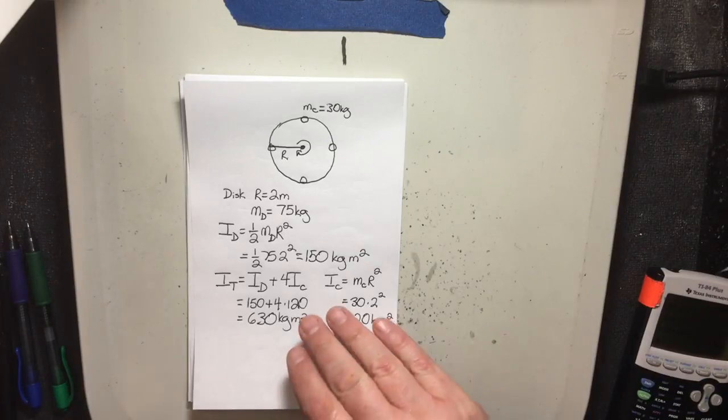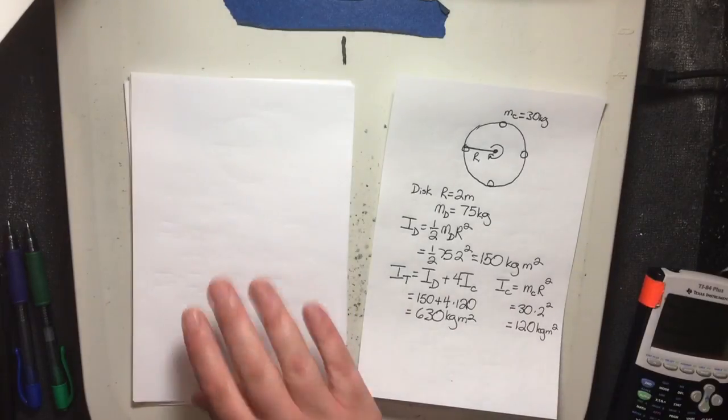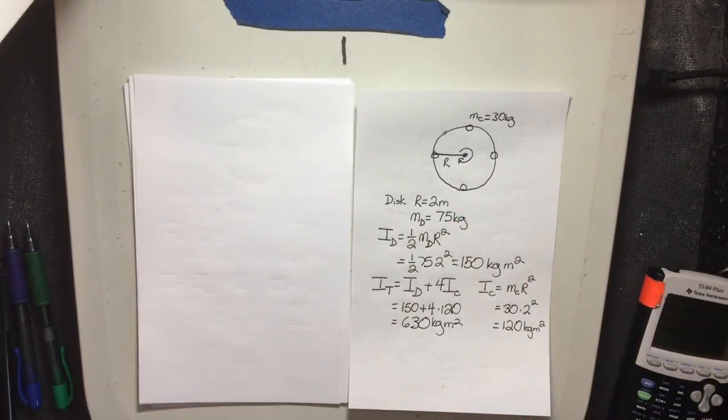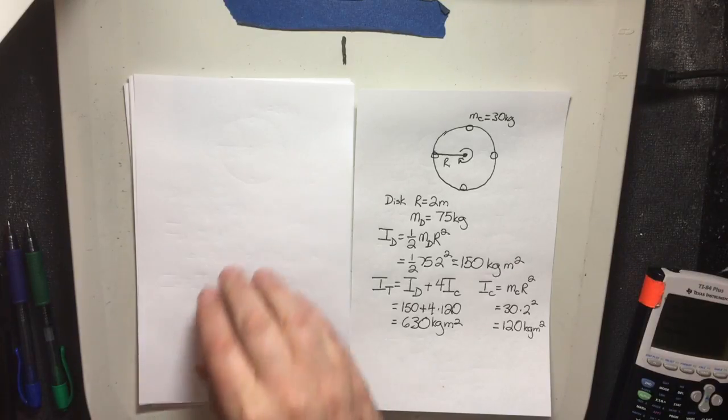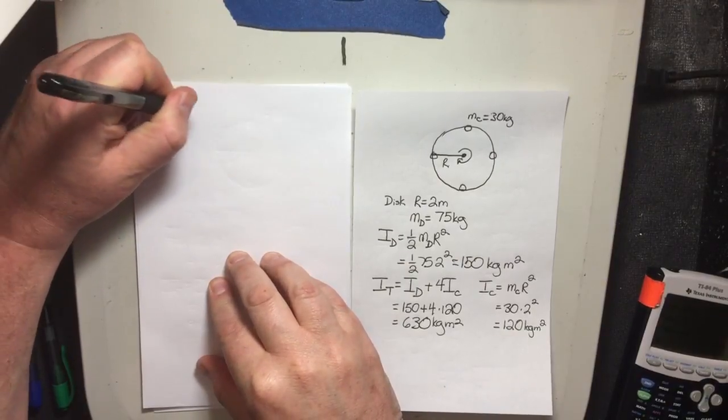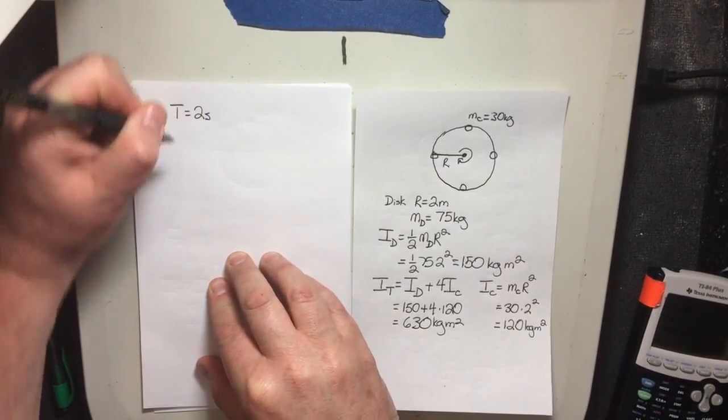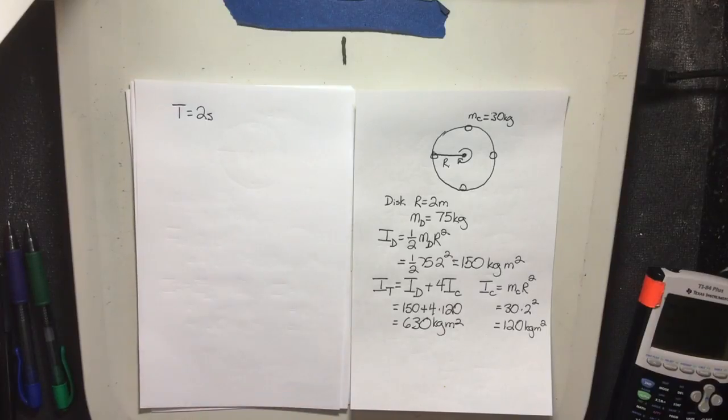Well, I'm going to ask the question, what happens is you get 3 of the children in on the joke, and 1 is not aware of what's going on. All 4 are spinning this disk up, so it takes 2 seconds for it to make 1 revolution. So the period is 2 seconds. Well, if the period is 2 seconds, what can you tell me about this disk?